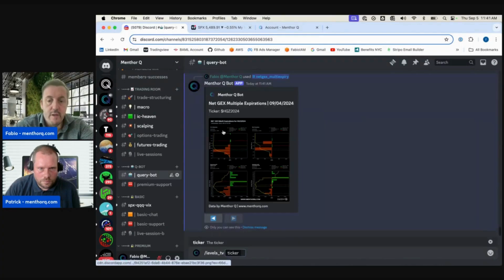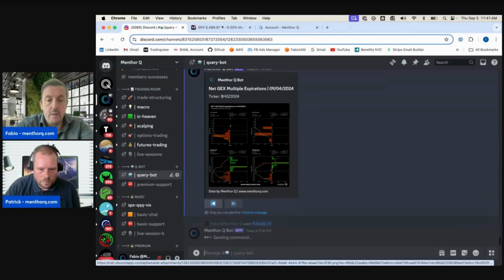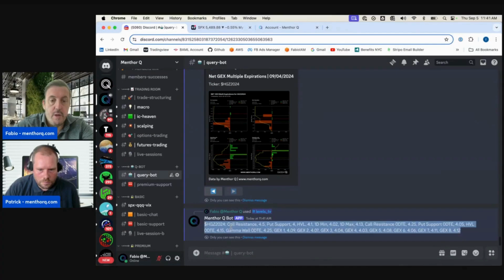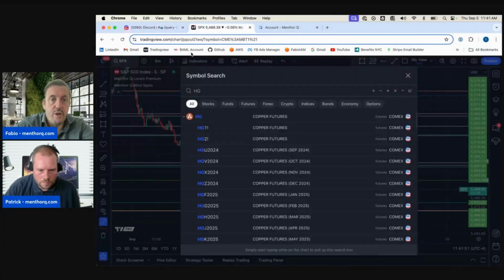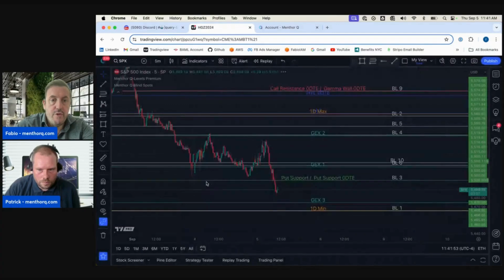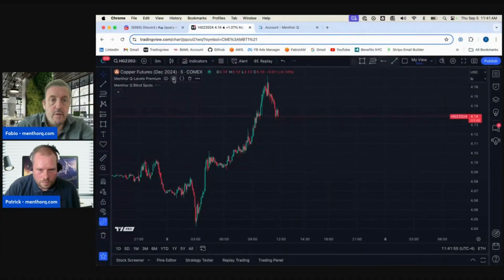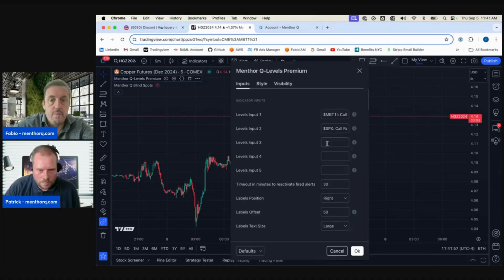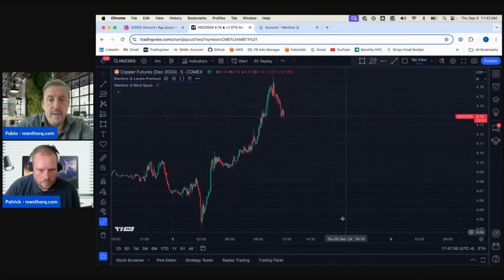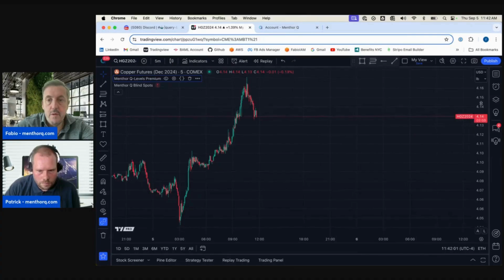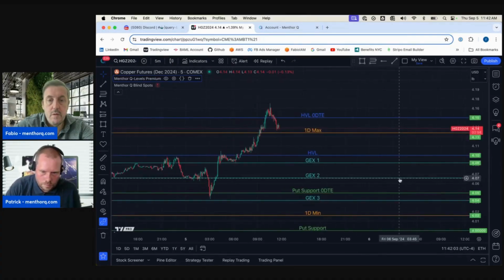So very easy. I can plot my levels here, go back to my chart, open the future, add the levels to the indicator. Right, then I have it here.